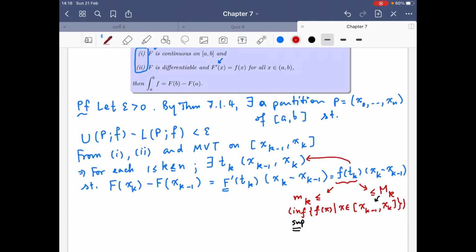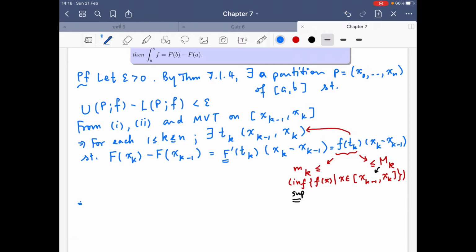So it means that the difference between these two function values will be less than or equal to capital Mk times the difference xk minus xk minus 1, and greater than or equal to small mk times that difference.